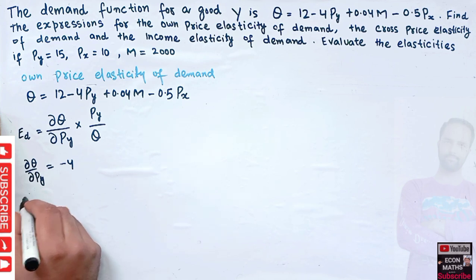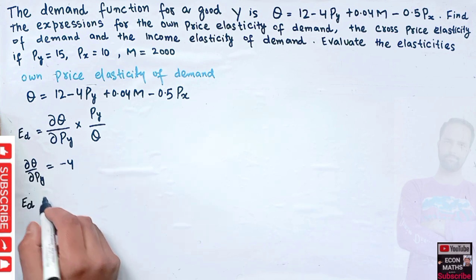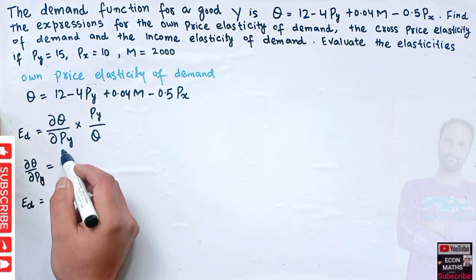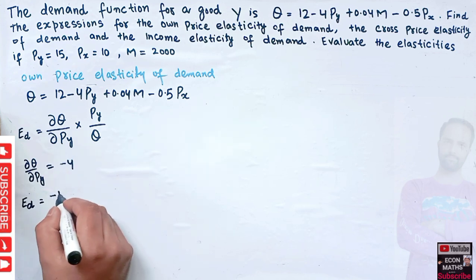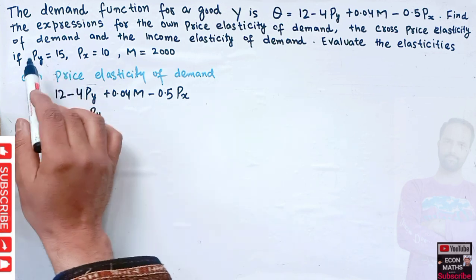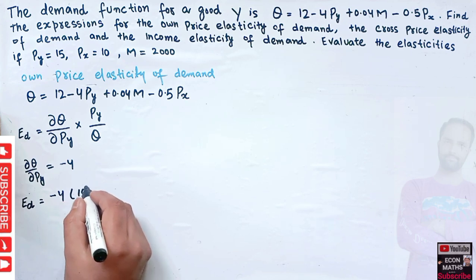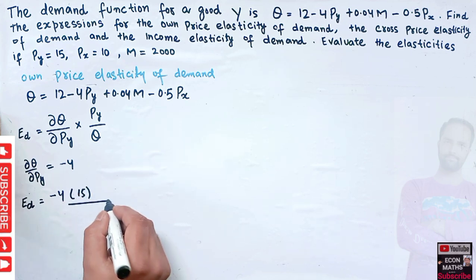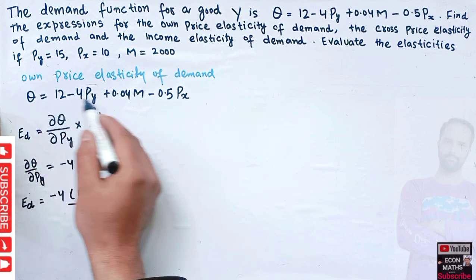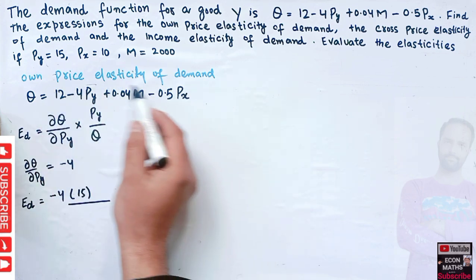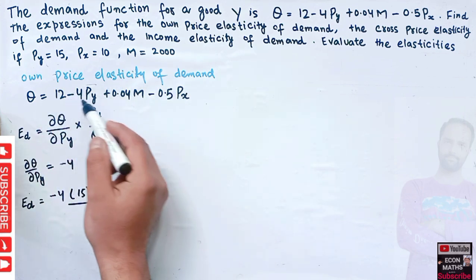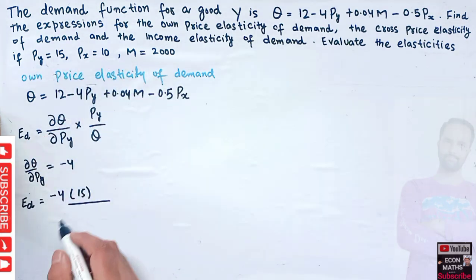Now using the elasticity of demand formula here, dQ/dPy is -4, and the price of good Y is given as 15, so I can write 15 over Q. Q is this whole expression, and we evaluate it at the given prices and income.